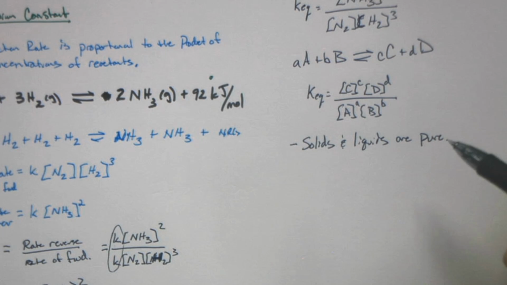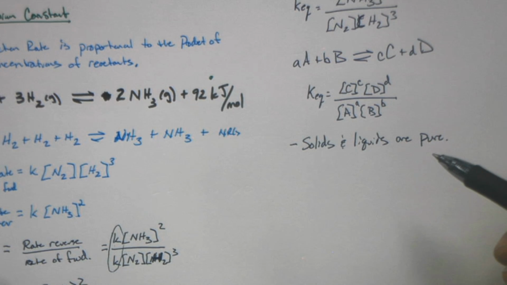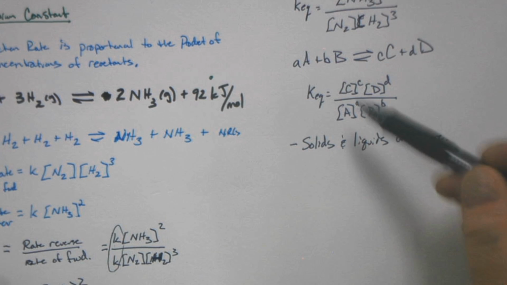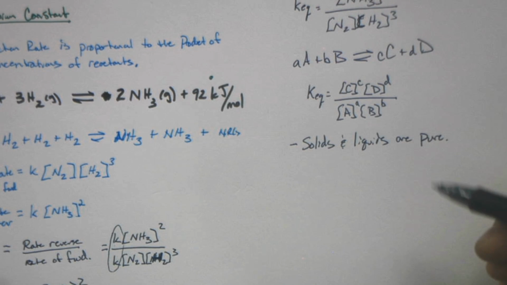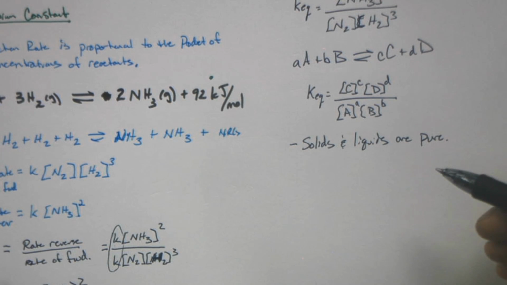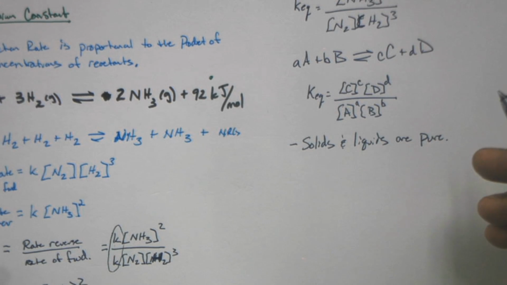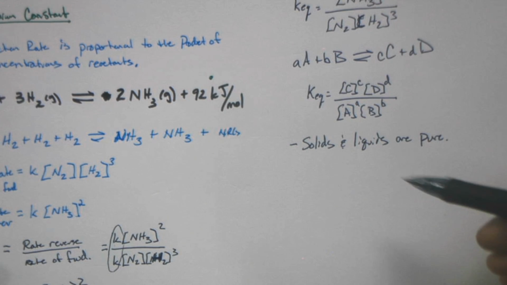Solids and liquids are pure, and so you do not use them in this equation because they don't have a concentration. Their concentration won't change. If you add solid metal, you can't increase or decrease the concentration of solid metal because it's pure. It is what it is. There's no dilution involved there.